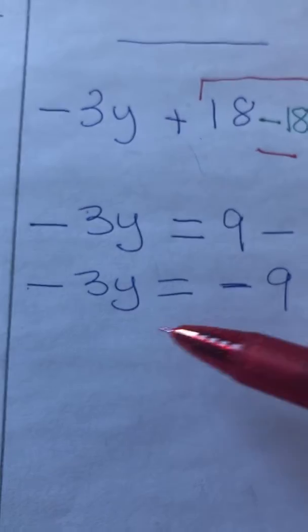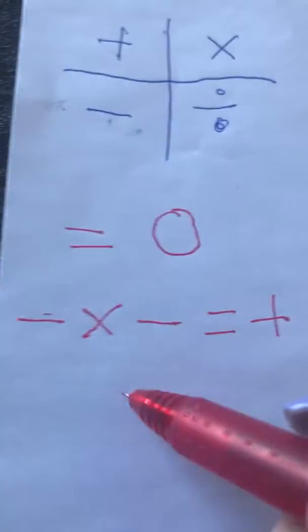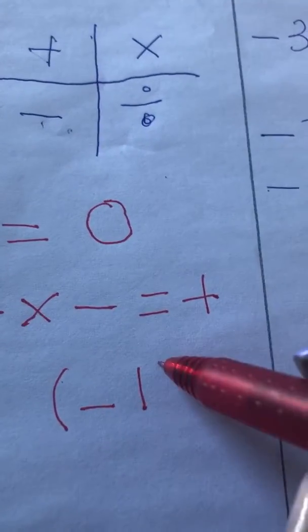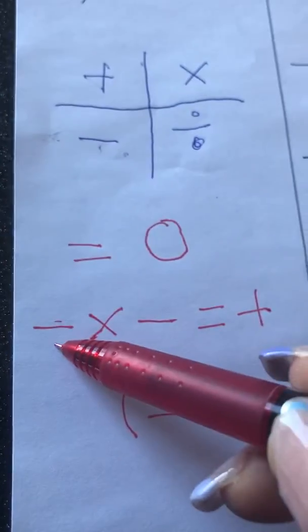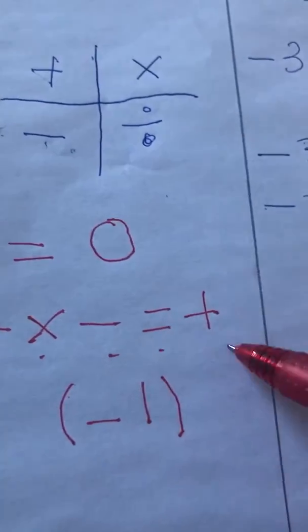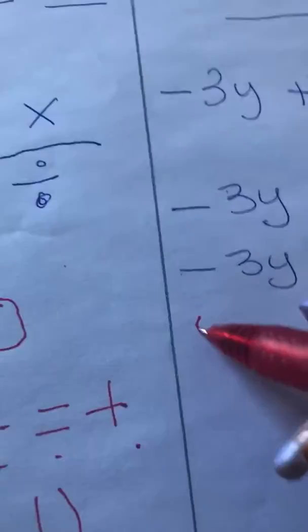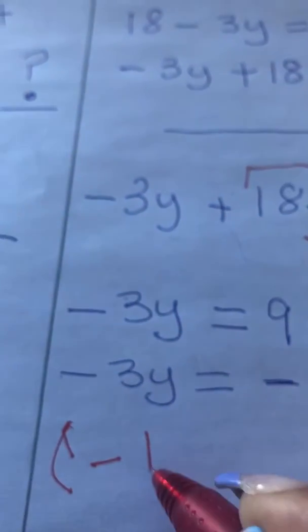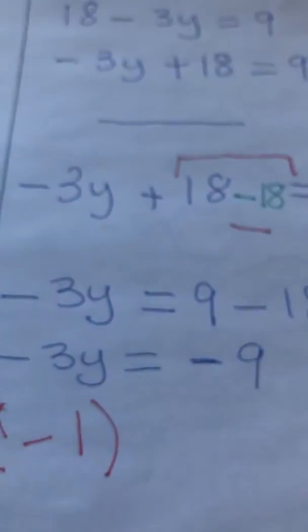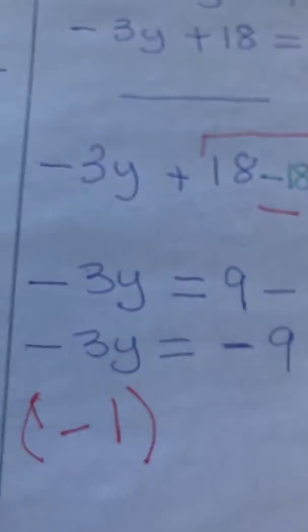So we know we can multiply 1 by any number and it won't change. In this case, we're going to multiply by negative 1, because negative 1 times a negative number will get us a positive number. So we're going to multiply here by negative 1. And anything we do on the right, we're going to have to do on the left.